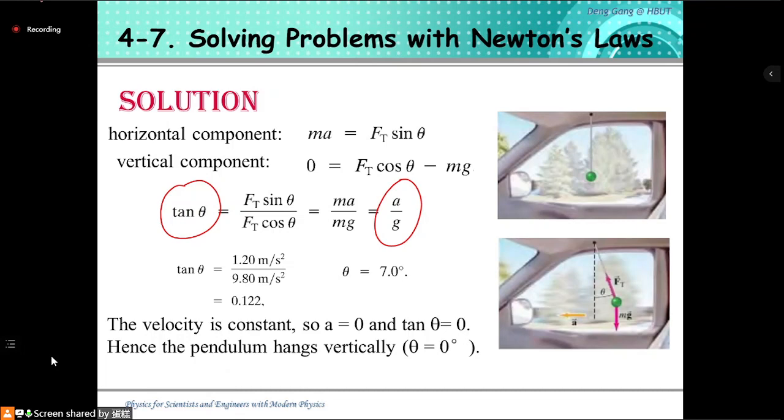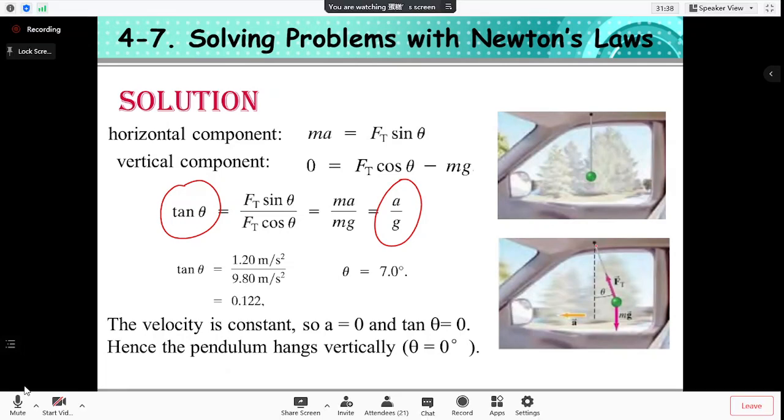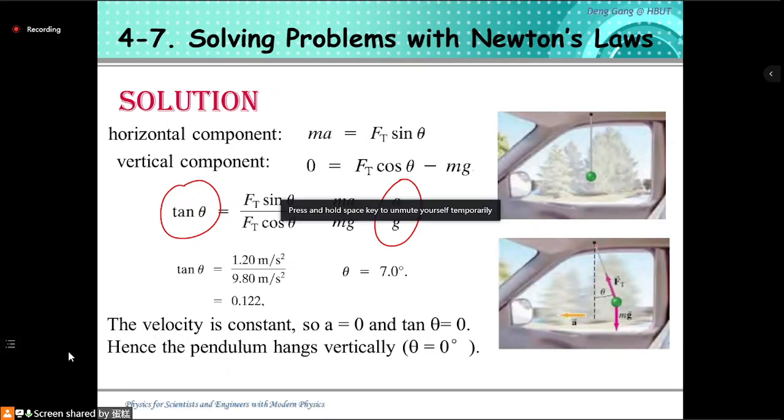Yes, what's your question? The y component, right? Okay. Why is the y component 0? Because it does not move in this direction. The y component is balanced.